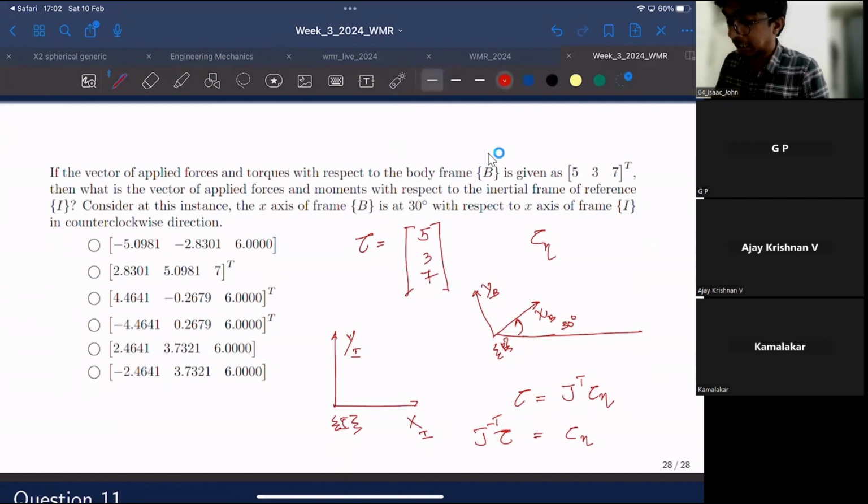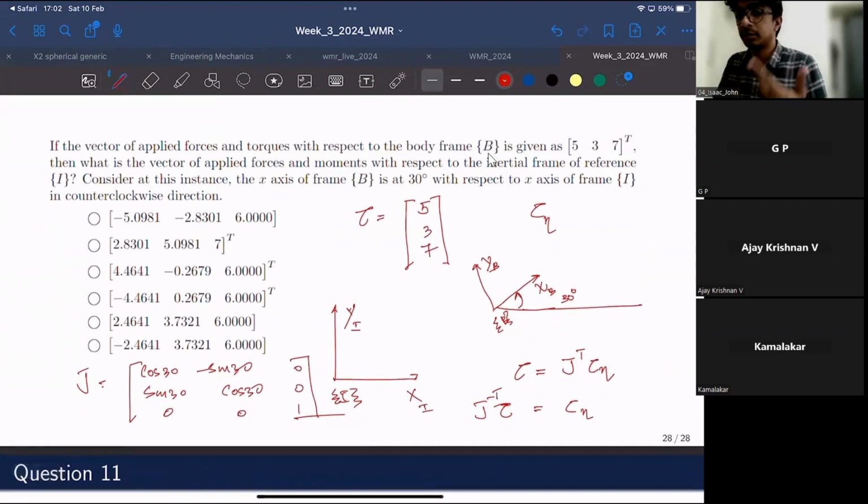And what is this J? J is cos 30, minus sin 30, 0, sin 30, cos 30, 0, 0, 0, 1.